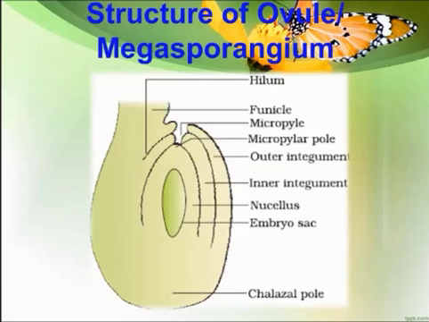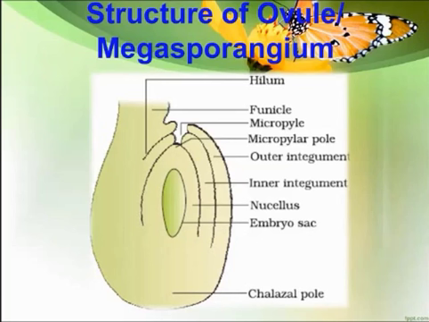So inside the ovary, one or more ovules are present, attached to a flattened cushion-like structure called the placenta by means of a stalk called funicle. The ovule body fuses with the funicle in a region called hilum, or in other words, hilum represents the junction between ovule and funicle.